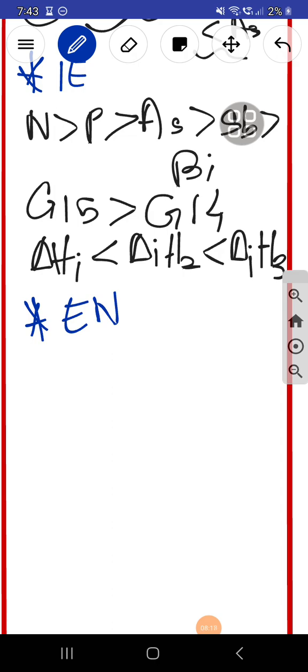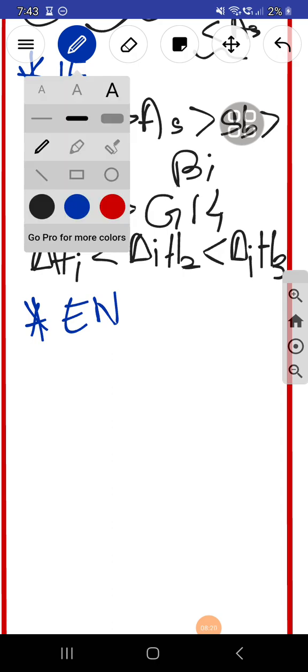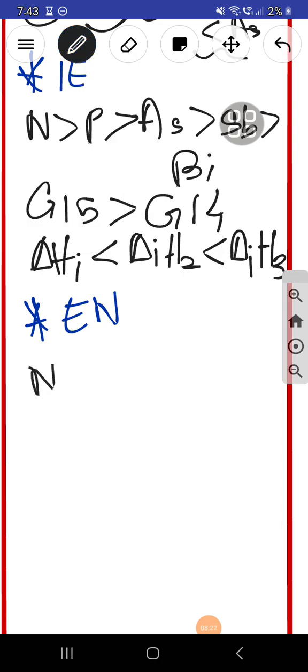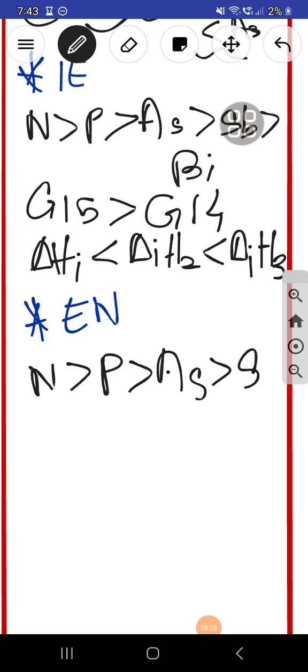If you observe the table, the order is nitrogen, phosphorus, arsenic, antimony, and bismuth is almost the same. This is what they're talking about. It is not that pronounced, and the reason for it is not given inside the NCERT, so you guys don't have to worry about it.